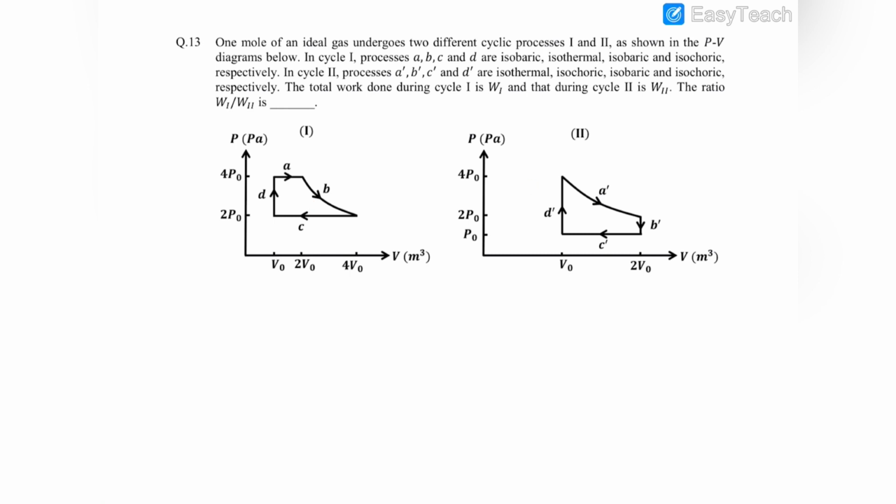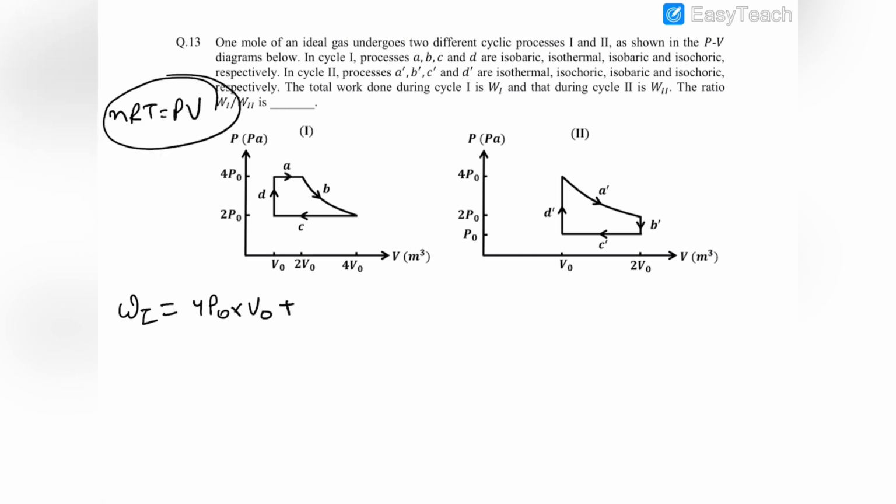First of all, let us see that the work done W1 would be equal to the work done in this first process, which is isobaric. So it would be 4P0 into V0. This difference is V0, plus this work done would be isothermal work done, which is nRT ln V final by V initial. So now n is 1, RT is P0 V0. nRT you can write as PV.